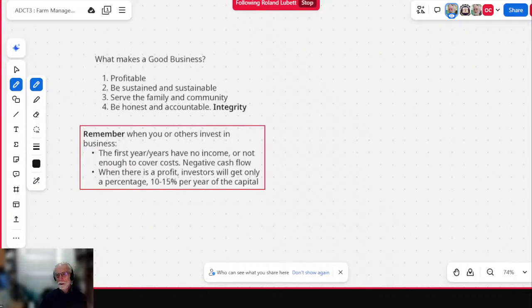But if it's a good business, if it's run well, you will continue to make profits forever. So eventually you will get your money back, and you will still have that share of the business which has value.